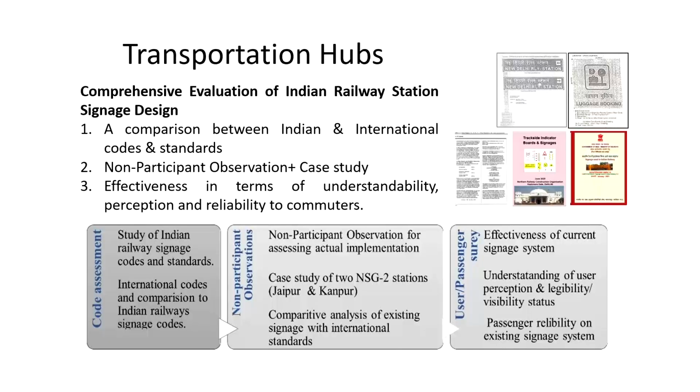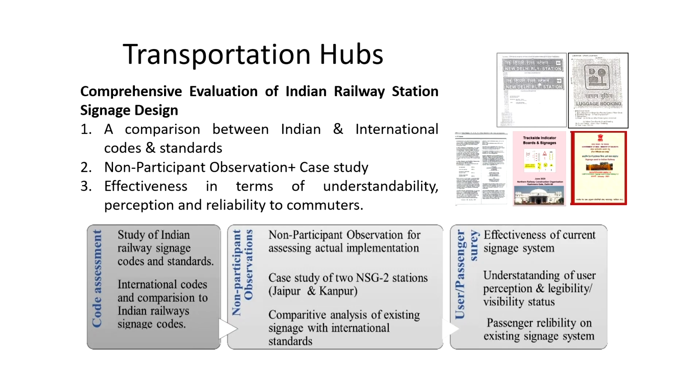Simultaneously, they also identified all the international codes related to railways only and compared them. So, the comparison of Indian and international codes and standards was done at the second level.